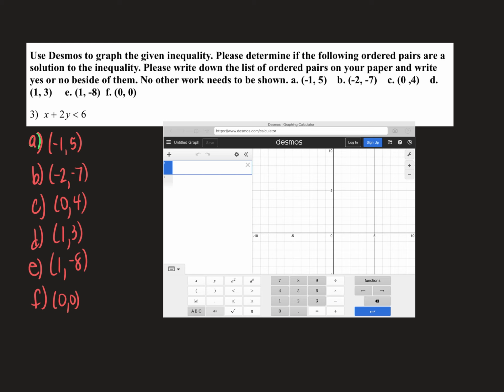And let's graph x plus 2y is less than 6.